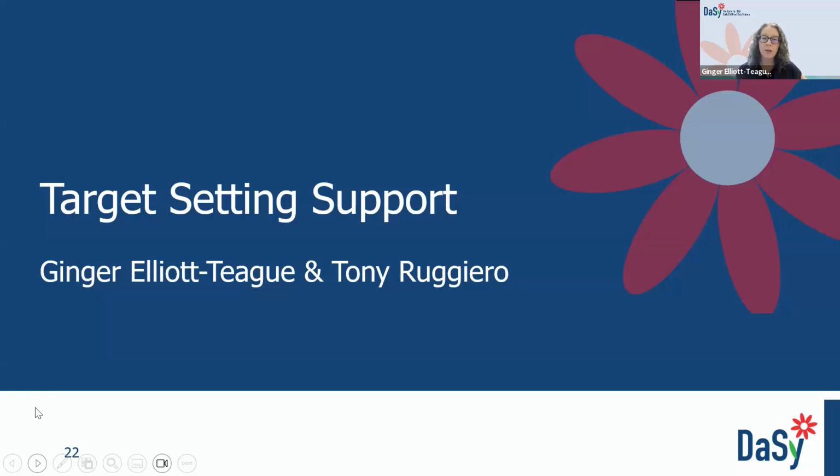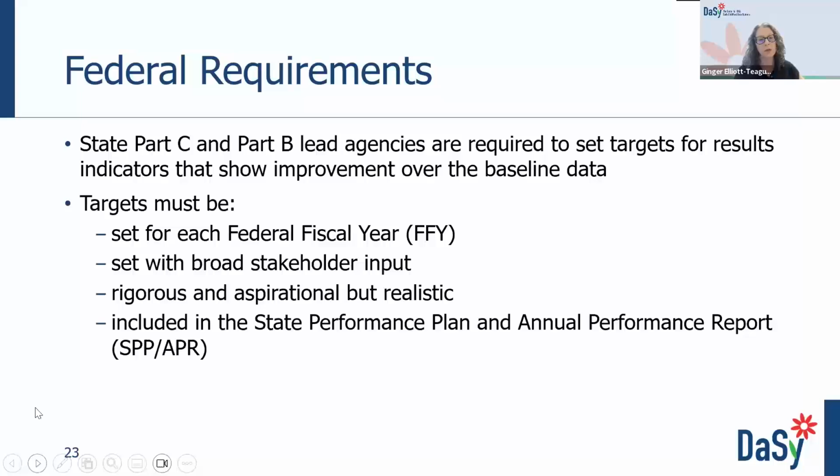Since a new APR cycle is coming up starting in FFY 2020. Actually, I don't remember what FFY it is, but the first report will be February 2028. And so we can help you prepare for those new targets that states have to set. So hopefully you know that at the start of each SPP APR cycle, state programs, both Part B and Part C, have to reset the state achievement targets on the results indicators in the APR.